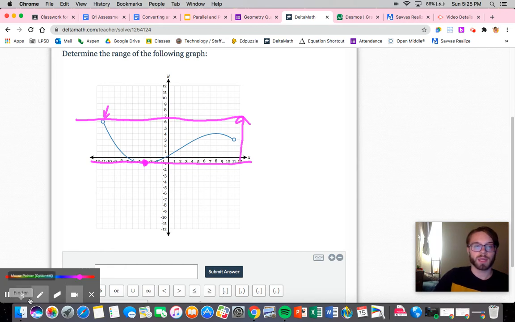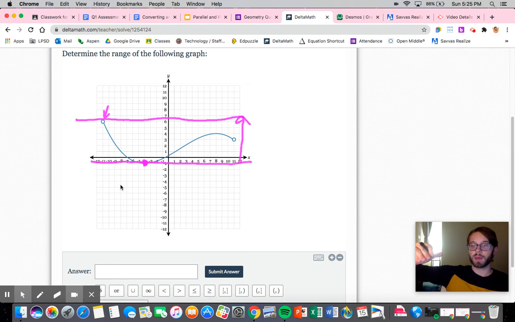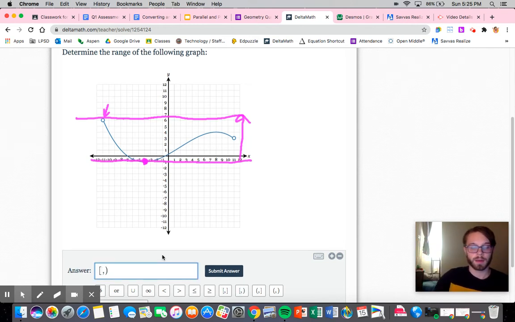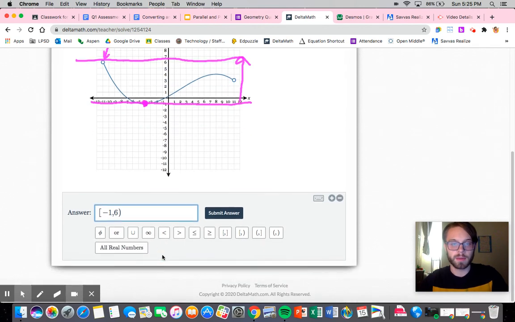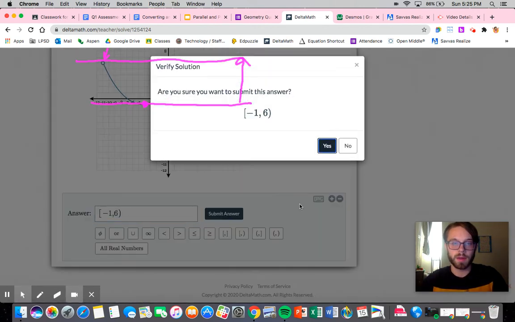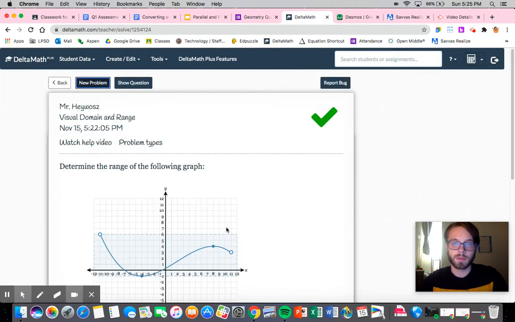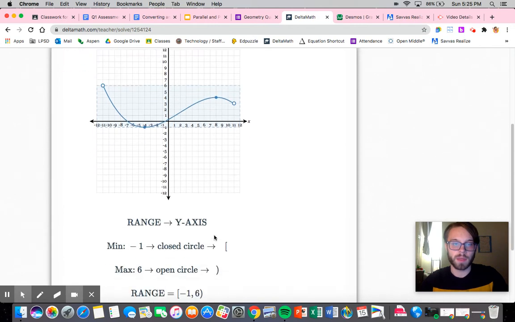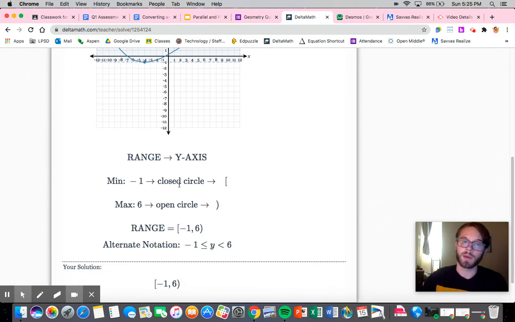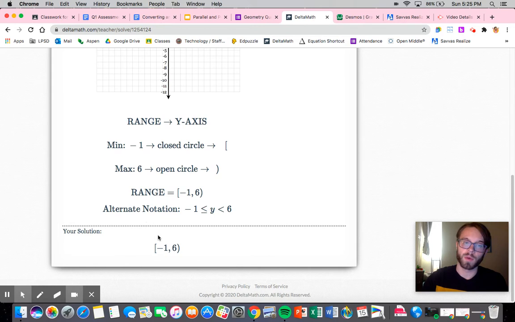So we are going to use a bracket for the left because that is the bottommost, and we're going up, and we are going to use a parenthesis at the end. All right. So I am going from -1 up to 6. Right. And let's double check, make sure we're good on that. And there we have it. Right. The y-axis is a closed circle, goes up to an open circle.